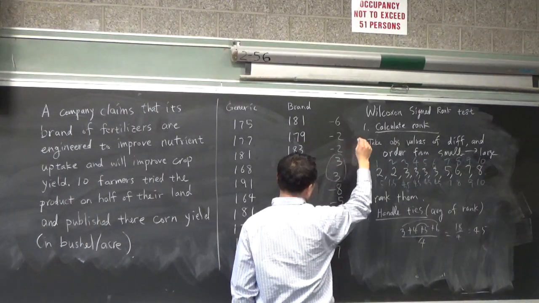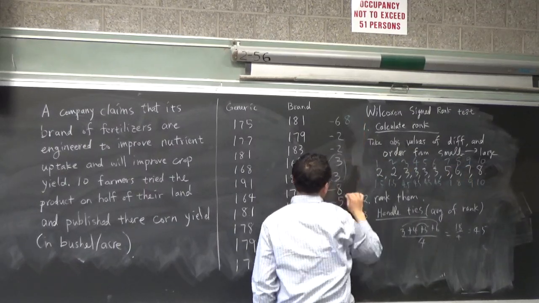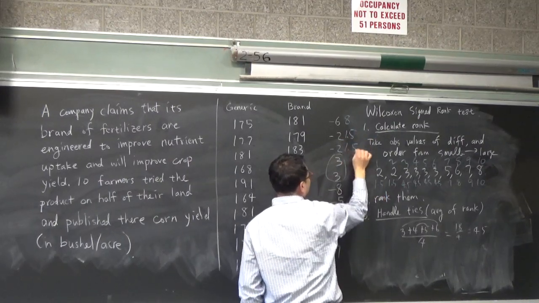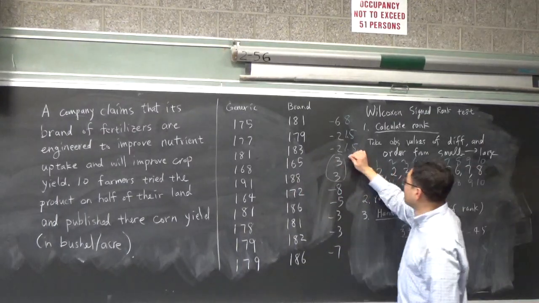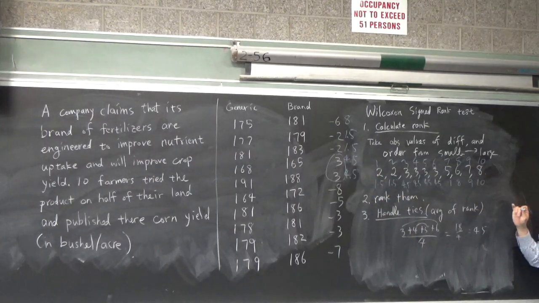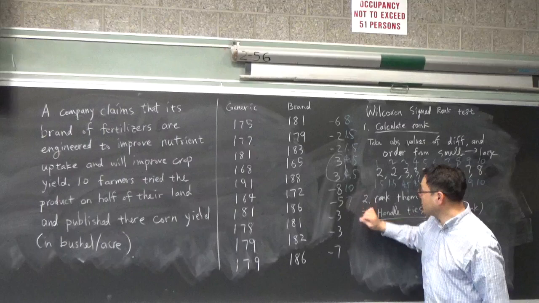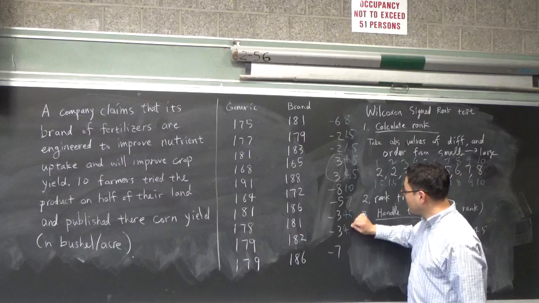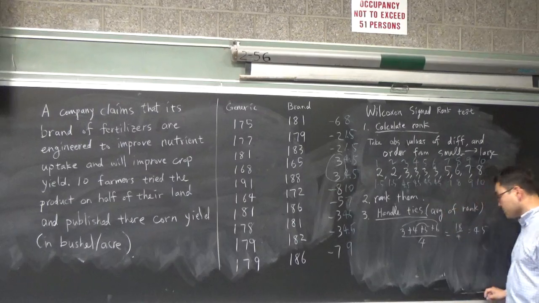So -6 had rank number 8, so this is 8. -2 had rank number 1.5, so -2 is 1.5. 3 had rank number 4.5. 8 had rank number 10. 5 had rank number 7. 3 had rank number 4.5. And then 9.